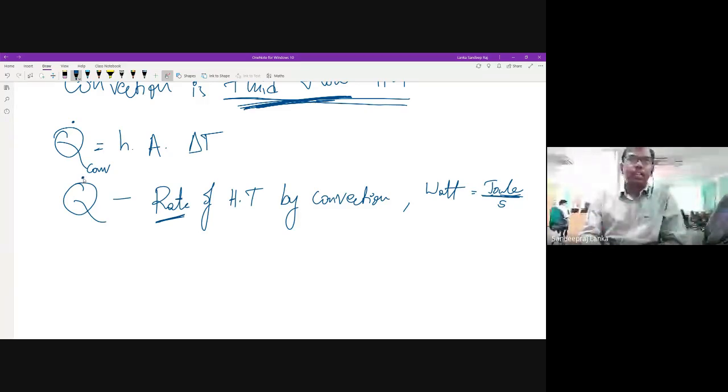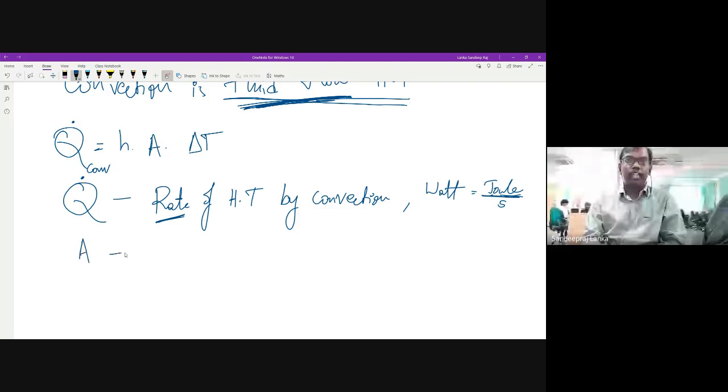If you remember with respect to nomenclature, some people will think there should be Q dot, and if Q dot is not given, it is simply Q, and simply Q means joule. That is not the right way of thinking. What you have to look at is what is mentioned there. The unit of that Q matters to us, not the nomenclature with which it is written. Kindly keep this in mind.